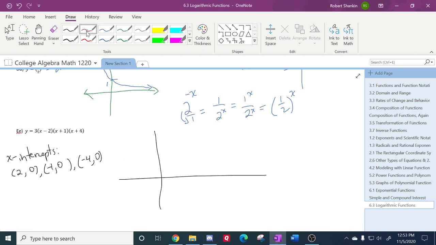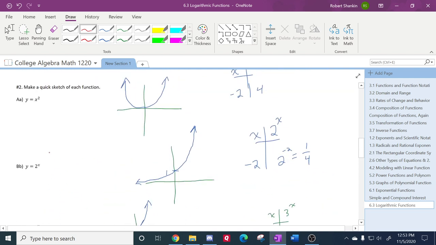So all these points: 2, -1, -4. Okay. Now, each one of these is going to cross, not touch.